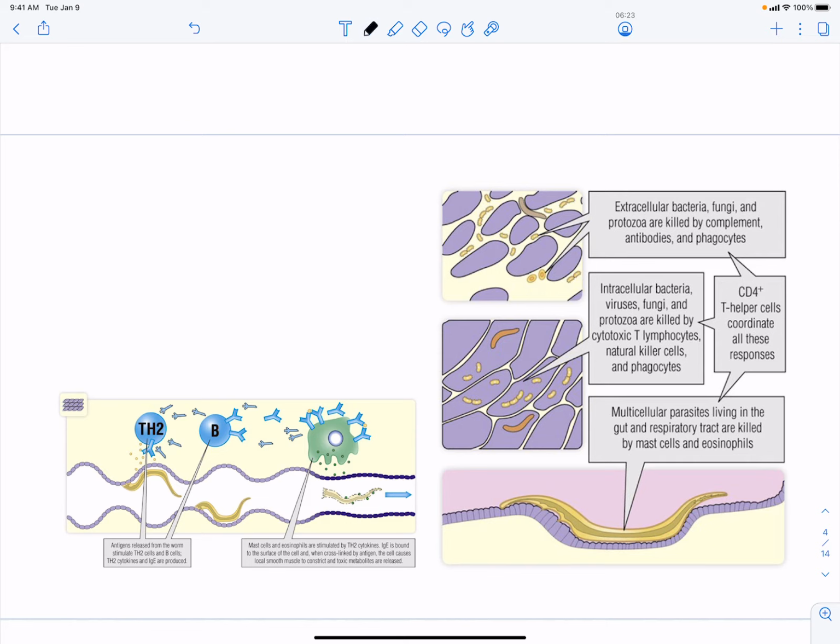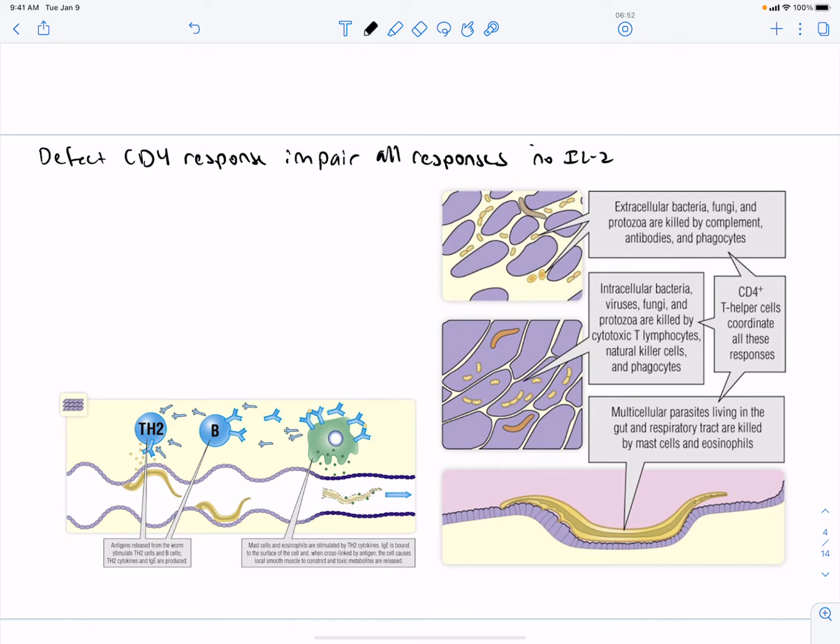So some things to keep in mind when we start talking about pathogens is we always have to talk about certain disease states. If we have a defect in our CD4 response, this is going to impair all responses, whether it's Th1, Th2, Th17, Treg, and this is because you have no IL-2 and no help.